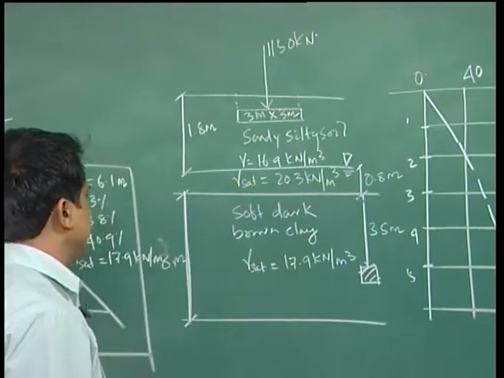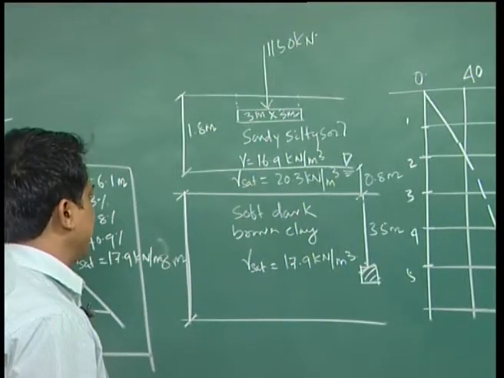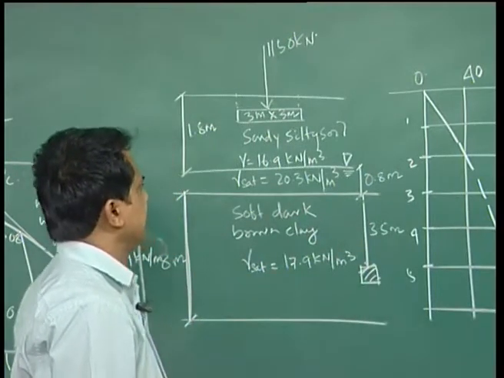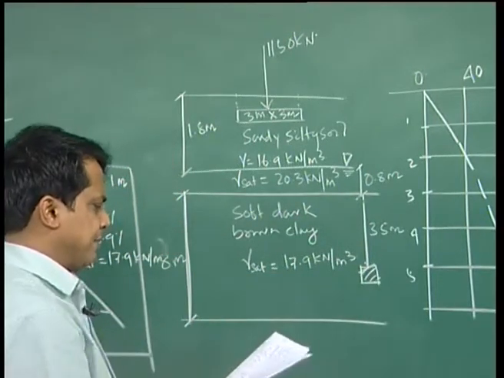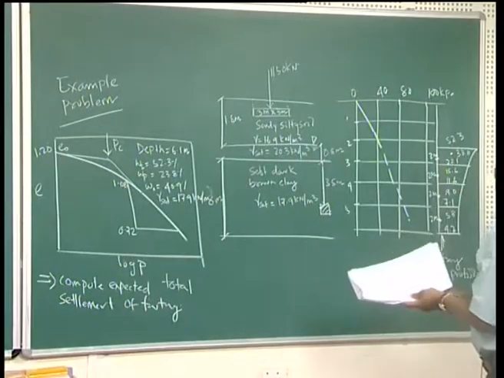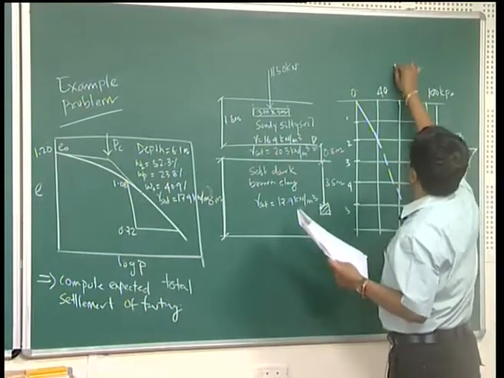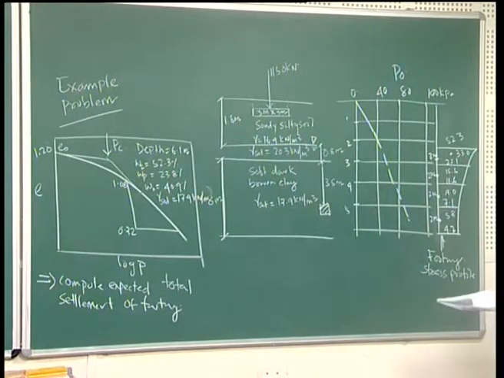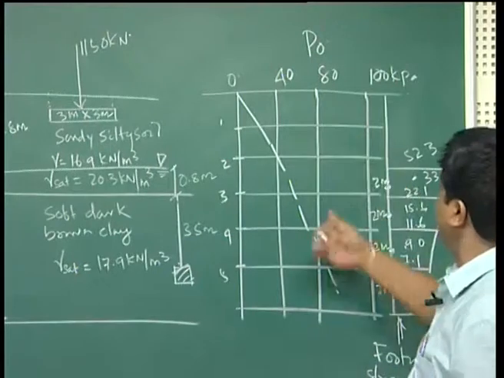So, gamma saturated is equal to 17.9 kilonewton per meter cube. P0 variation is calculated or may be given.